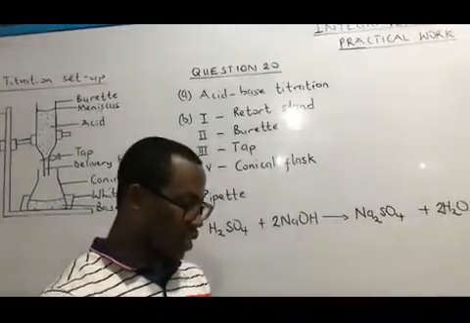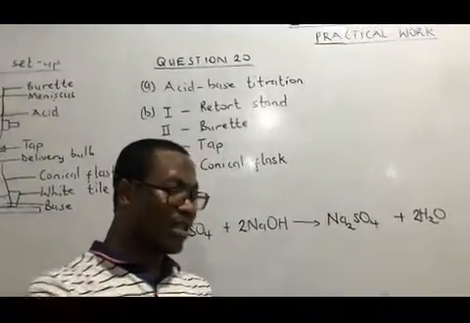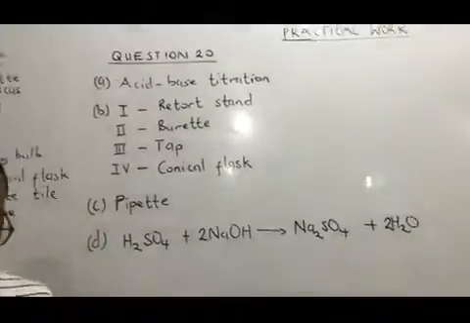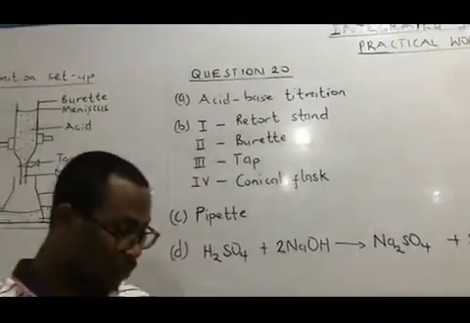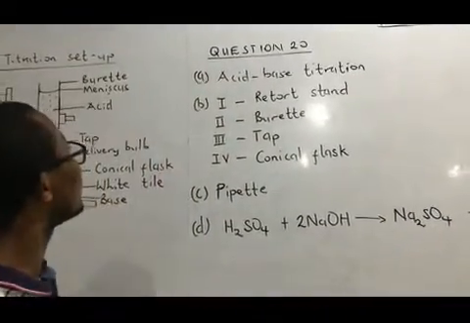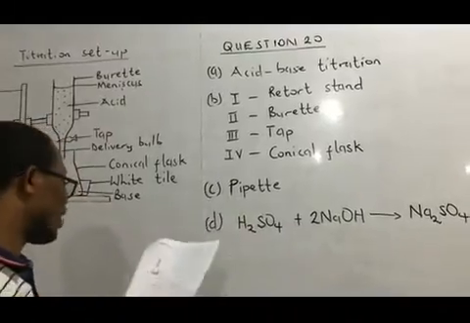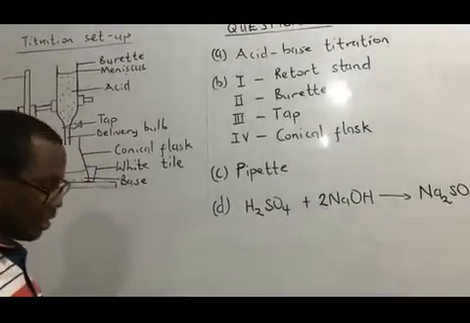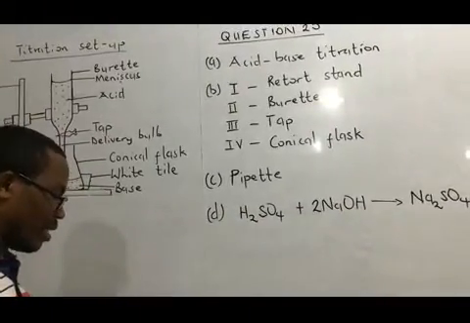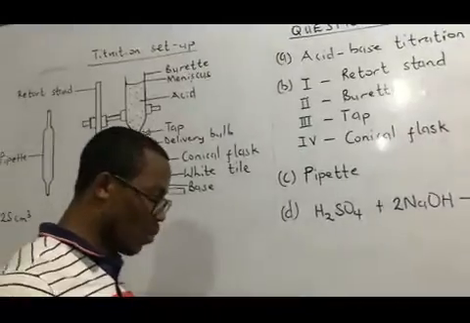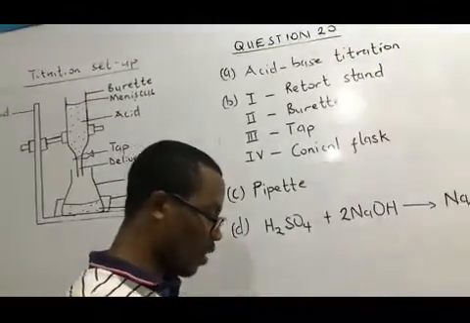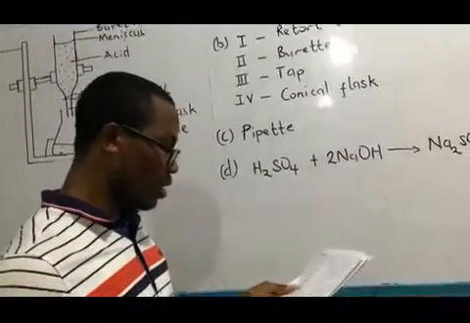Now the last question under titration is question 21. In the first 2 questions, question 19 and 20, they are straightforward. There was no calculation there, but for question 21, there's a calculation.